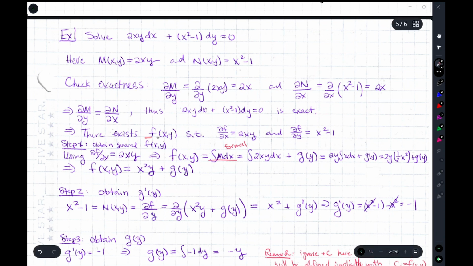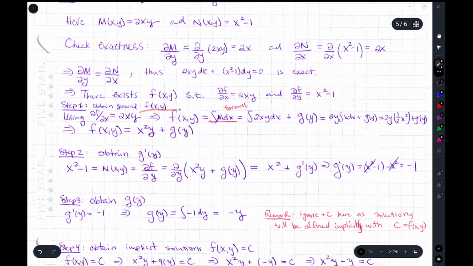Now the game is to find this f, this function of two variables, such that its level curves are solutions to this exact differential equation. First we obtain the general form. The route I'm taking here is to integrate with respect to x. We have partial f partial x equals 2xy, so we're going to integrate that with respect to x.